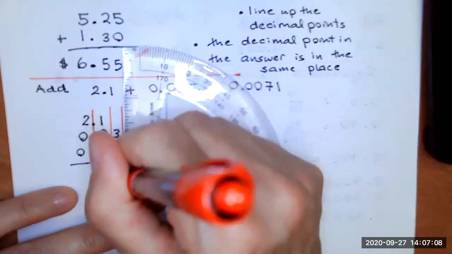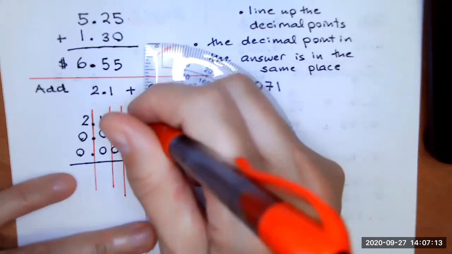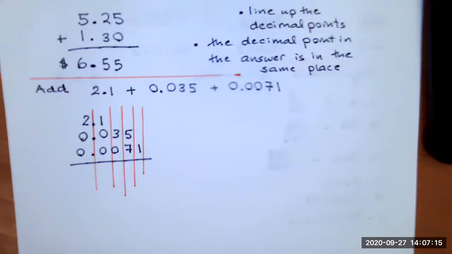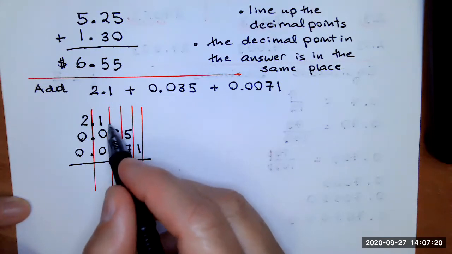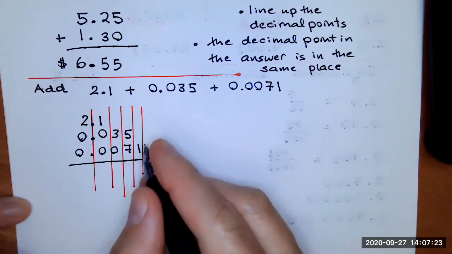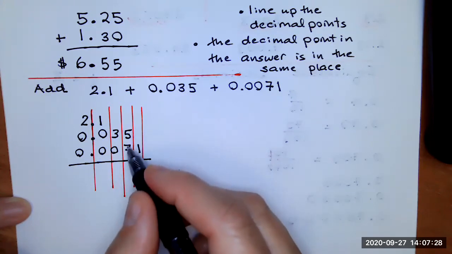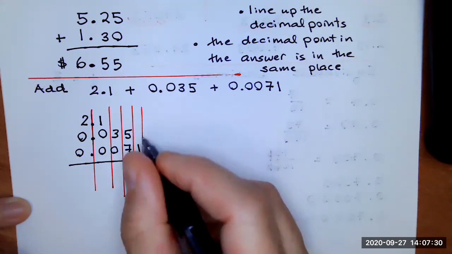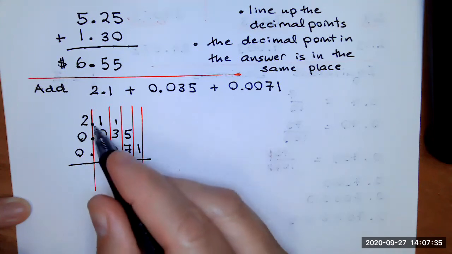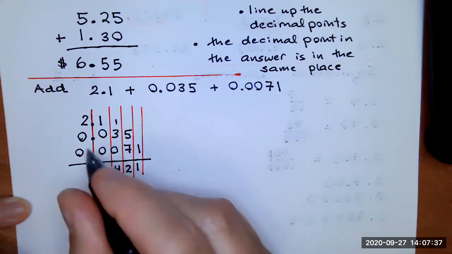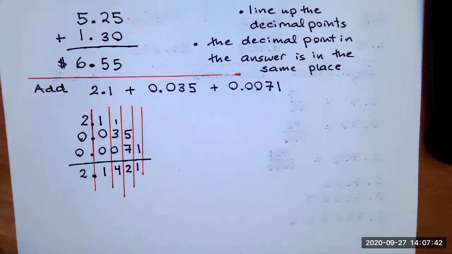So you can use graph paper. You can just put your own columns in there just so that things don't get mixed up. And if you want, you can fill in zeros, or you can just say 1 and nothing is 1. 5 and 7 make 12, carry the 1. 1 and 3 and 0 make 4. 1 and nothing makes 1. Bring down the dot, and then bring down the 2.